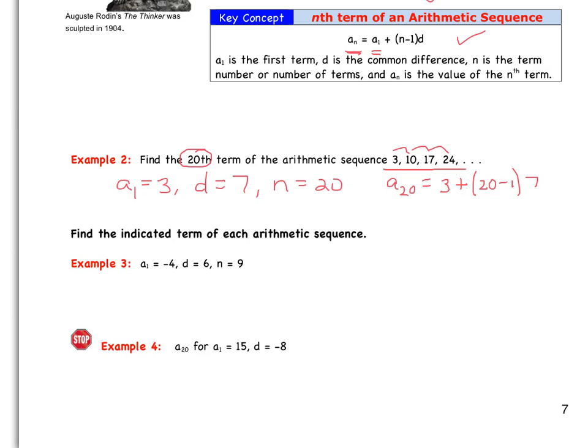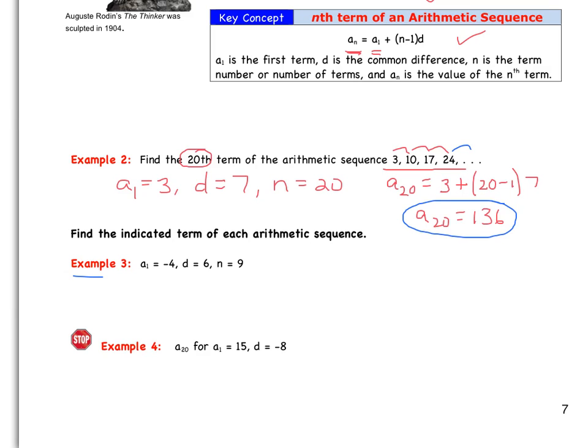If we do the math on that, we end up with 3 plus 19 times 7, so the value of the 20th term is 136. Now we could have done that by adding 7 to 24 and adding 7 to 31 and doing that another 16 times. But this, as you can see, is a lot faster. Alright, so let's go on to example 3.